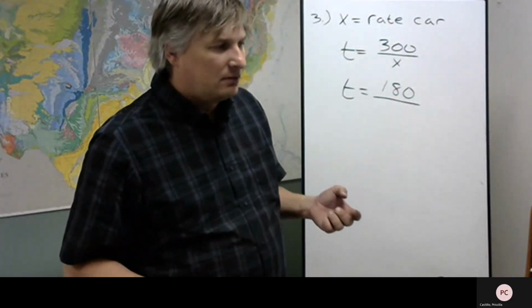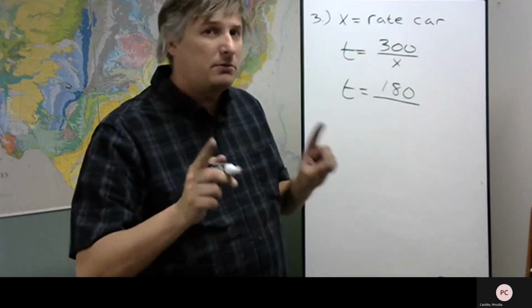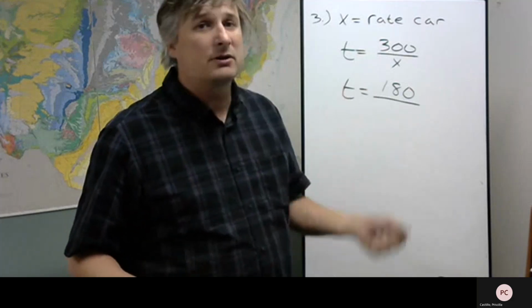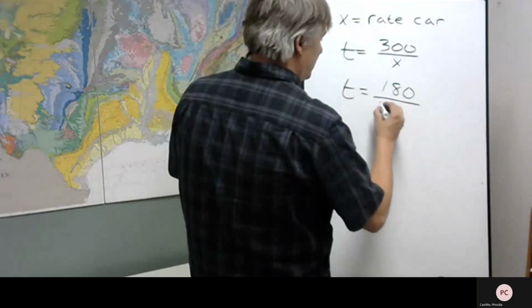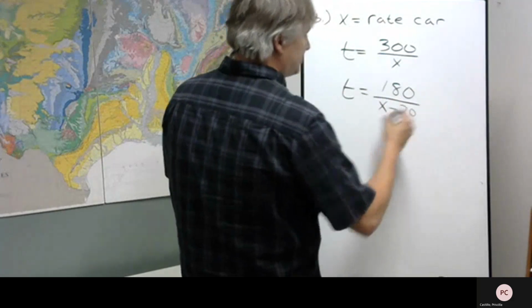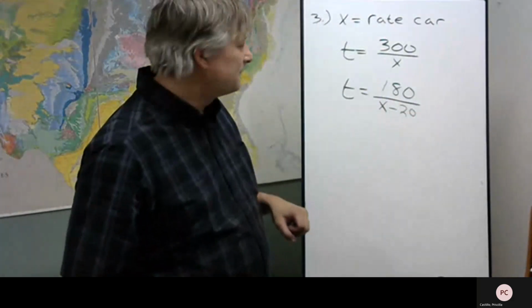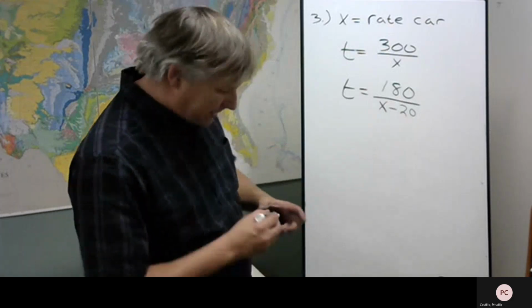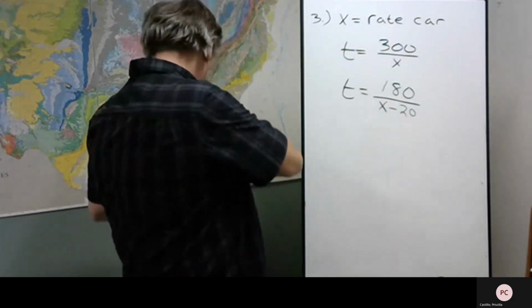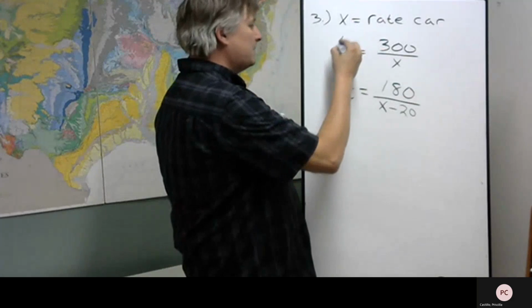Well, we really don't know, but we do know this. It's 20 miles slower than the car. So we take the rate of the car, subtract 20 miles per hour off that rate. That gives us the rate of the bus. Now, again, this is the same amount of time.